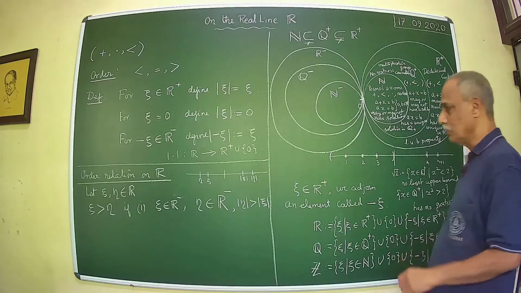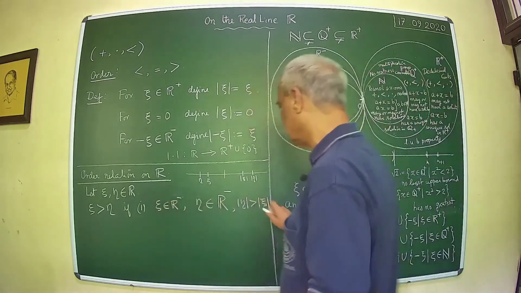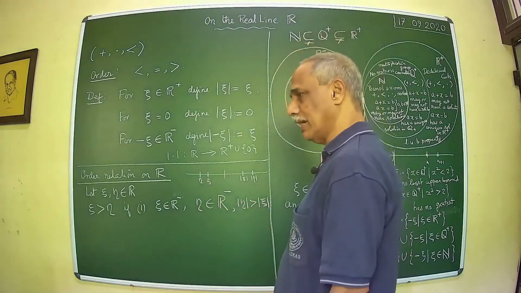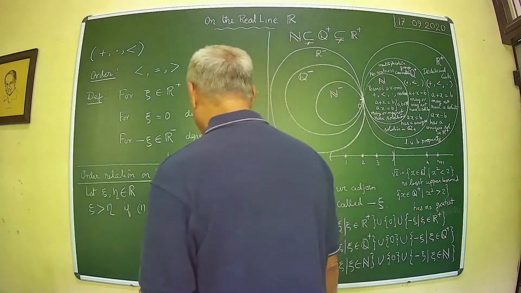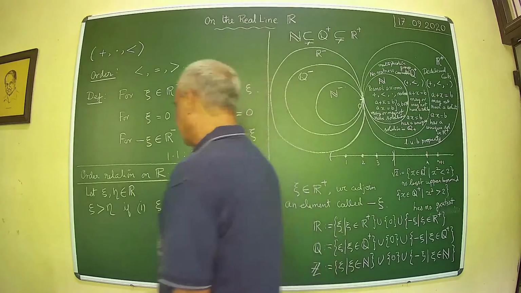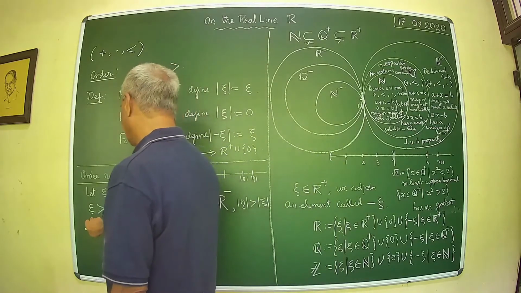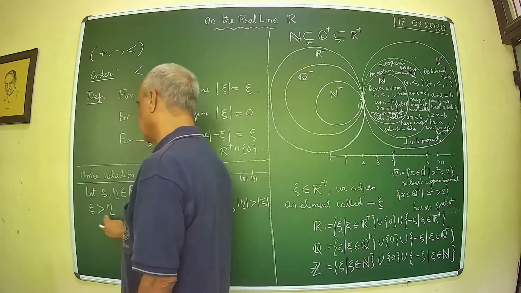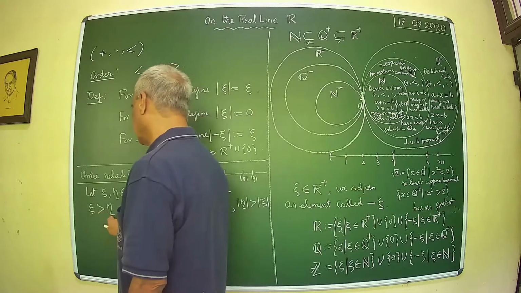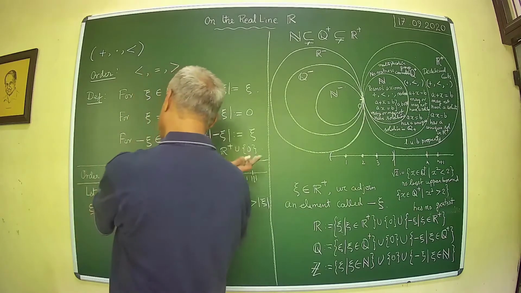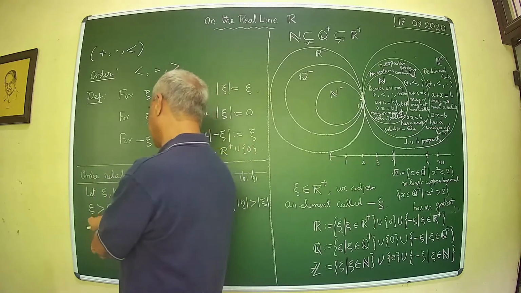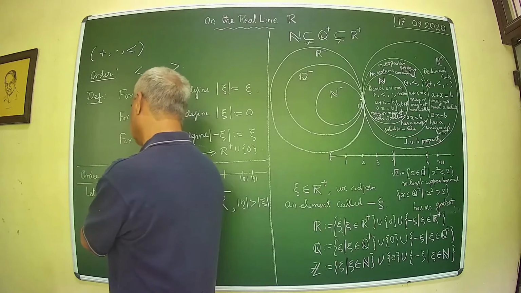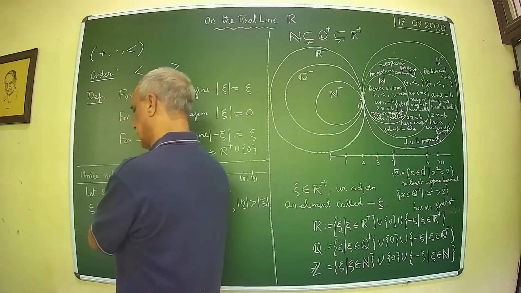So under this condition, I will just quickly check it with a value. Suppose you take psi as -5 and eta as -10. You know that -5 is greater than -10. What are the corresponding positive things? Taking the absolute value, this is 5, and this is 10.